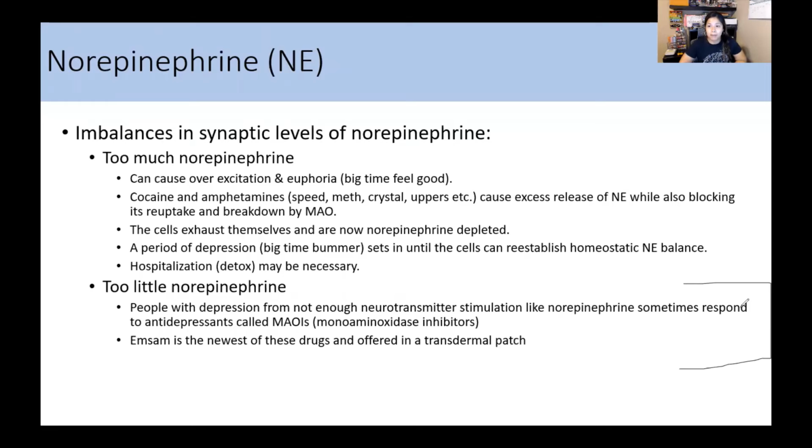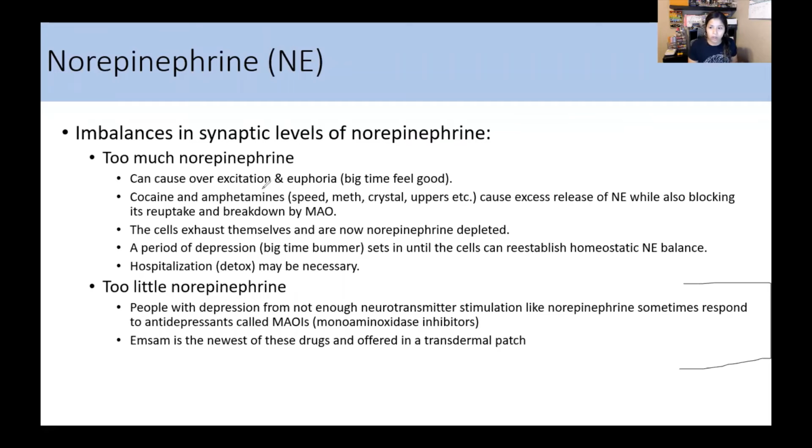Either you don't have enough norepinephrine in your synaptic cleft to bind to enough receptors, or they're not being bound long enough to cause enough local depolarizations to cause an action potential. So basically you don't have enough action potentials being sent, and so you don't get a whole lot of this feel-good feeling that you should get from this neurotransmitter.